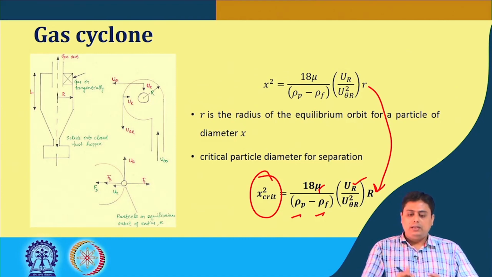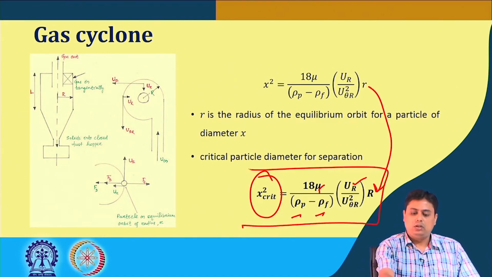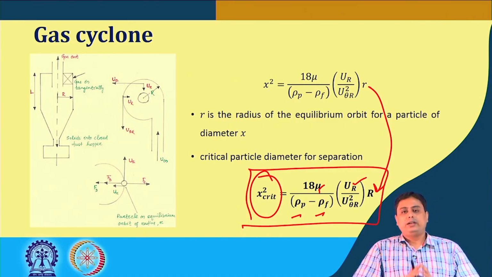So I hope this expression is clear to you, that how this critical particle diameter can be calculated provided all other design parameters are given.